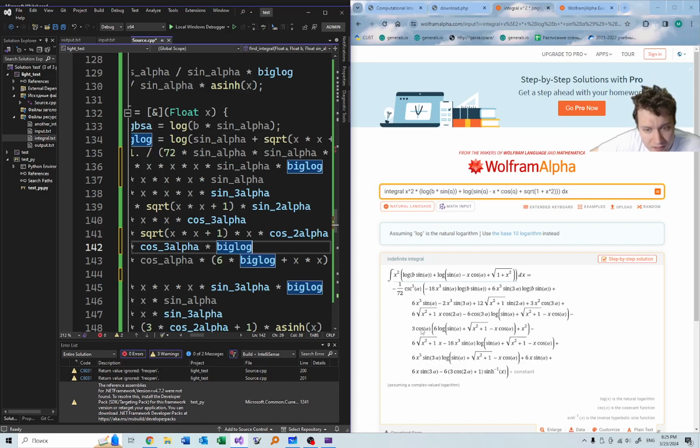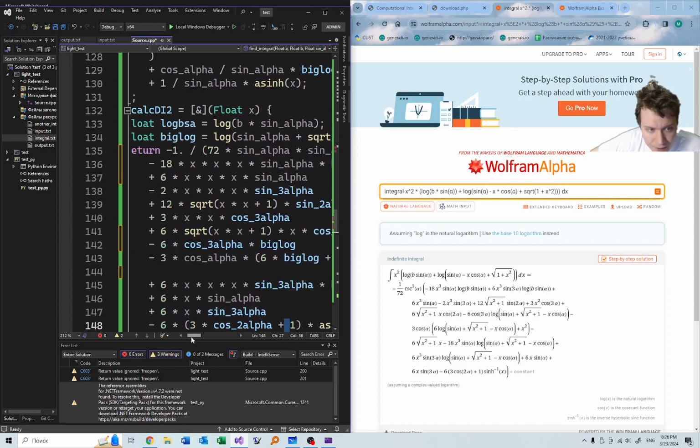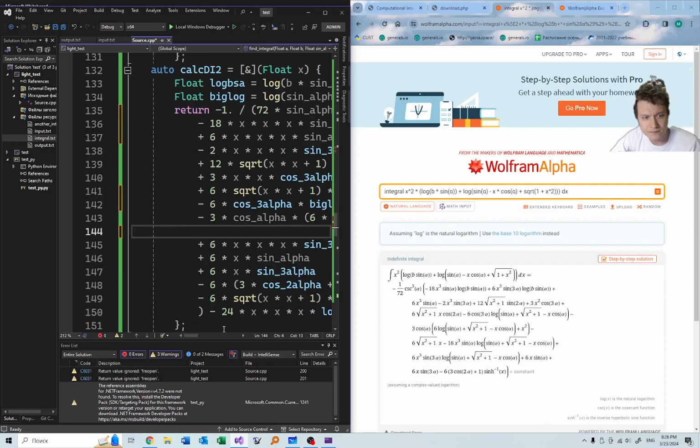Minus 3 cosine alpha times 6 big log plus x squared. Minus 6x squared plus 1. Okay, where is it?